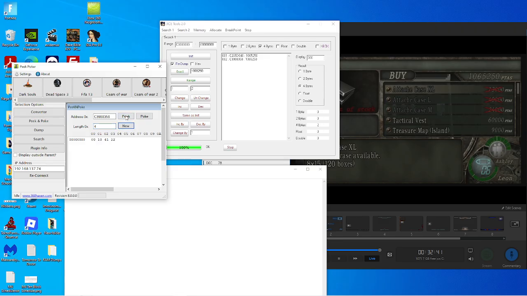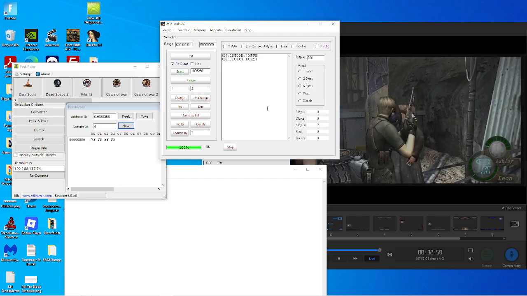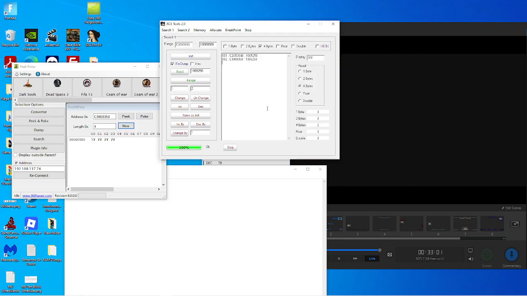We're dealing with 4 bytes, so peek. All right, let's do a test. What happens if I set this to 7FFF? Just like that. Let me go in and out, see if the value has changed.